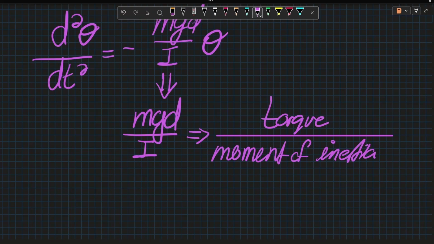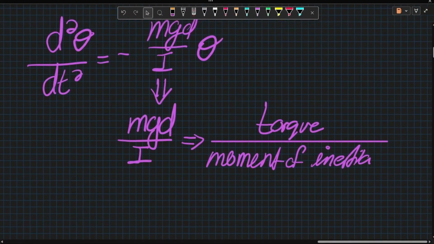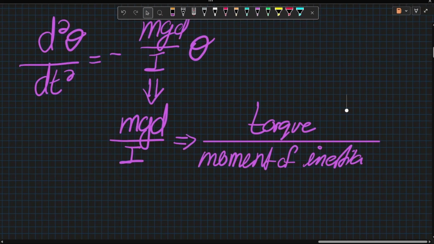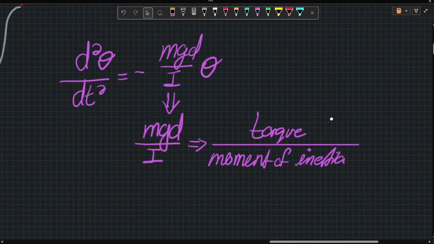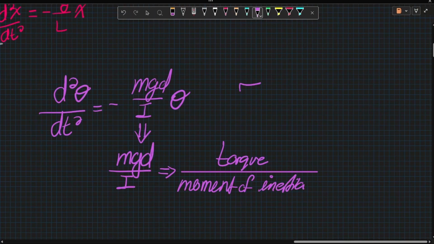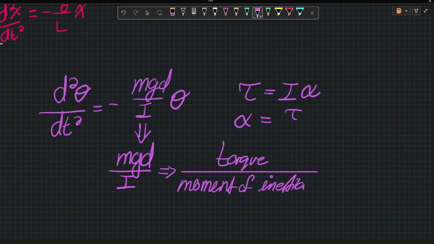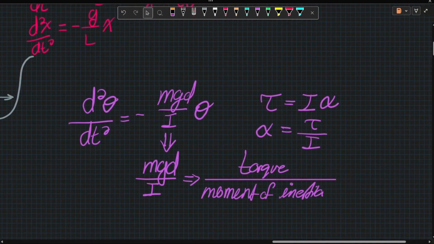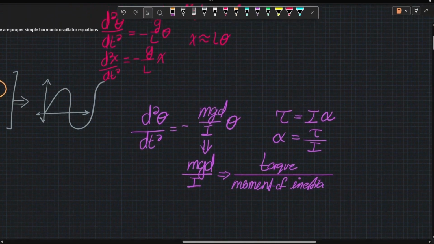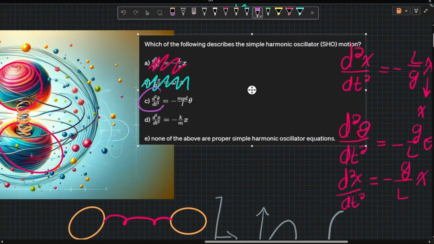So really what we have here is a description of torque and angular motion, a relationship between torque and moment of inertia. Because we know that tau is equal to I alpha, what we have here is actually alpha, tau over I. So we have the angular acceleration times the angular displacement theta, which could be a viable option. Let's keep that in mind.